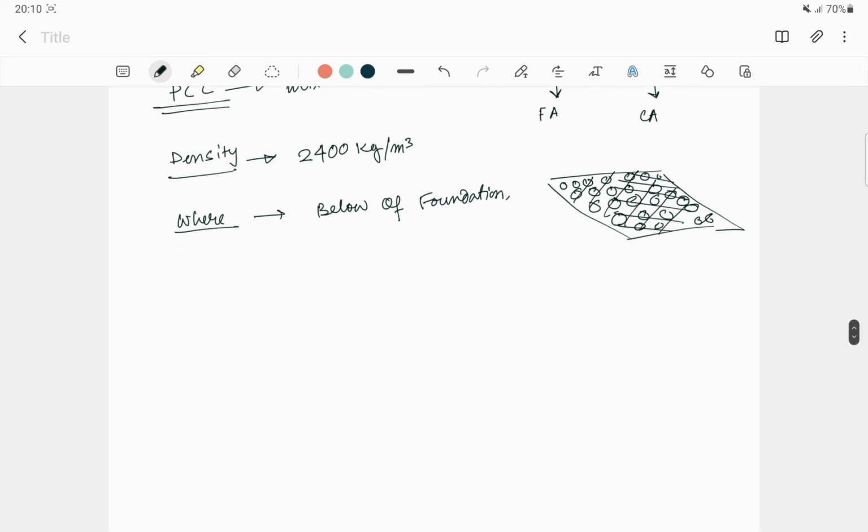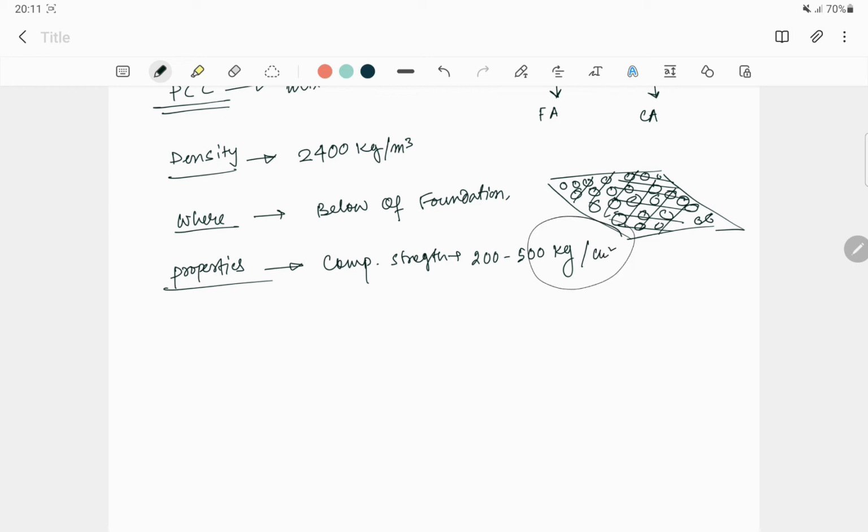Now we'll talk about what are the properties of this PCC. Generally, compressive strength is 200 to 500 kg per centimeter square. You can easily find out Newton, because we know just multiply by g and you get the Newton or kilonewton.